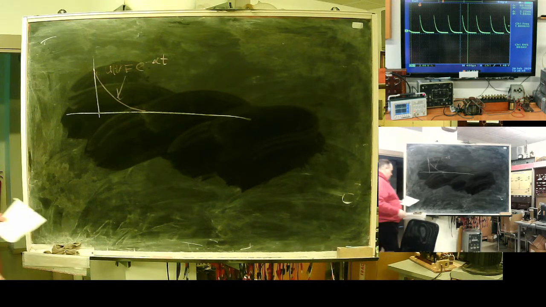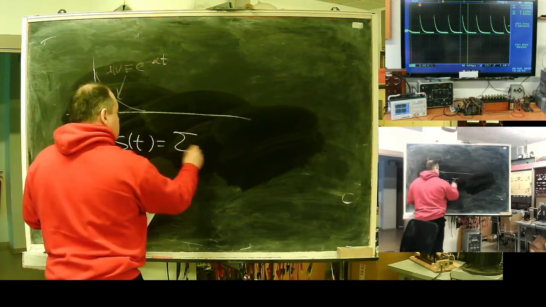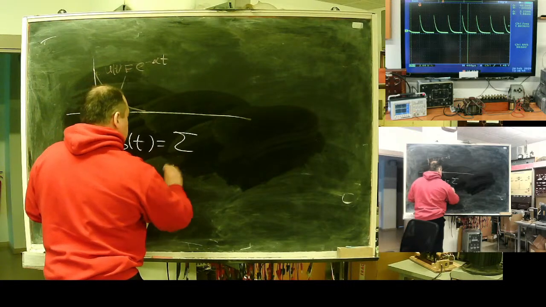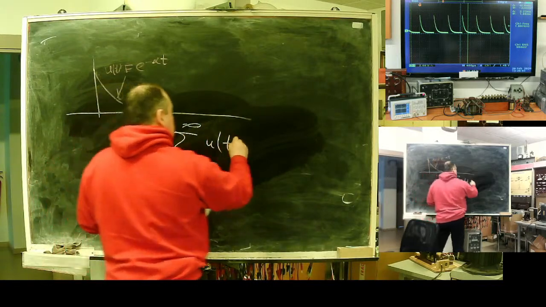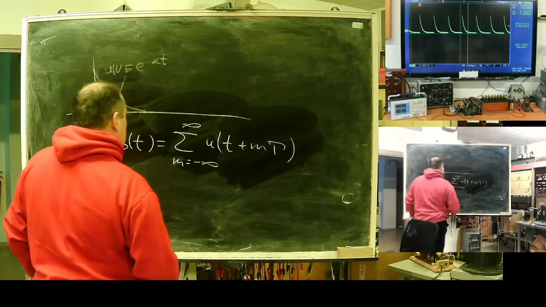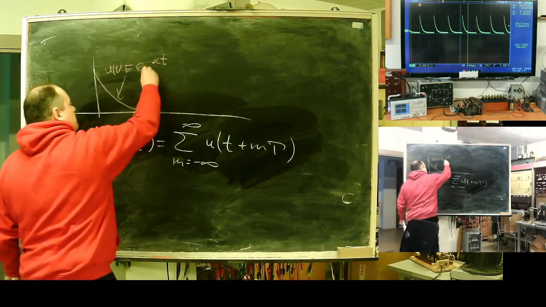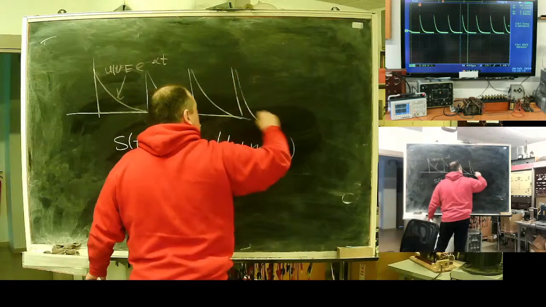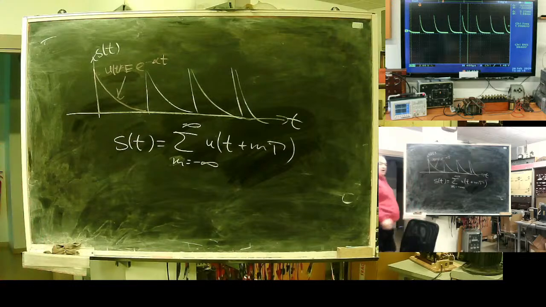All the sequence can be written as a sum from minus infinity to infinity, where m is an integer, so it's a sequence of repeated pulses. I'm repeating one pulse, one by one, one by one, one by one.